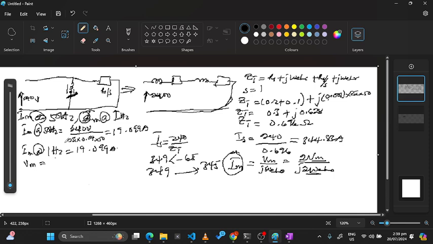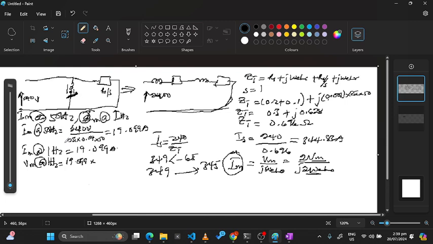What will be VM at 1 hertz? That should be equal to the current at 1 hertz, which is 19.099, right? Times what? Now that the frequency has changed to 1 hertz, the reactance we are going to see here will change.